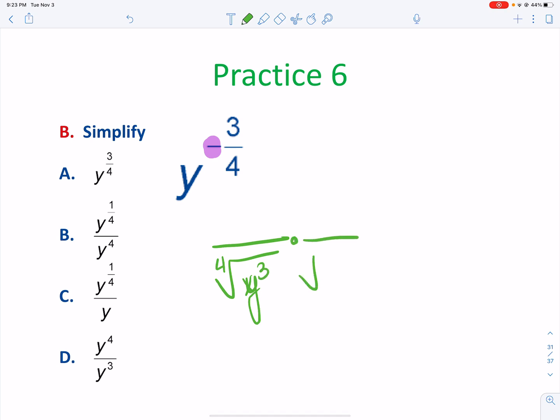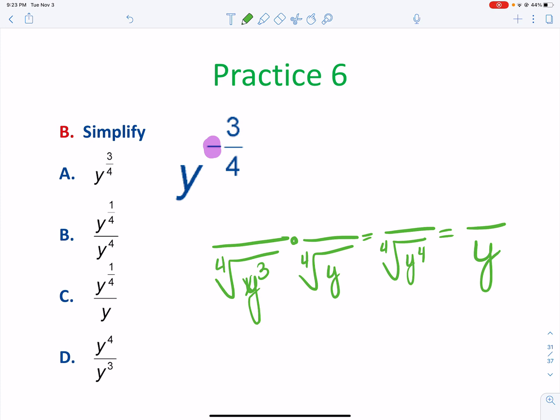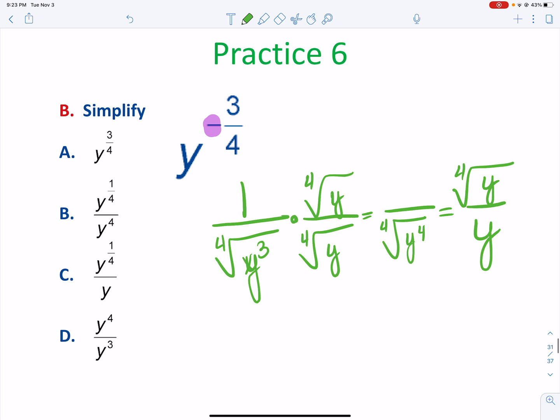So to make that a perfect 4th, I'm going to multiply it by the 4th root of y, because then I would have the 4th root of y to the 4th, which just comes out y. So then I would do the top, which is a 1, so I'm going to times by the 4th root of y, and I can't do anything with that, but if I look over here at my answers, none of those match.